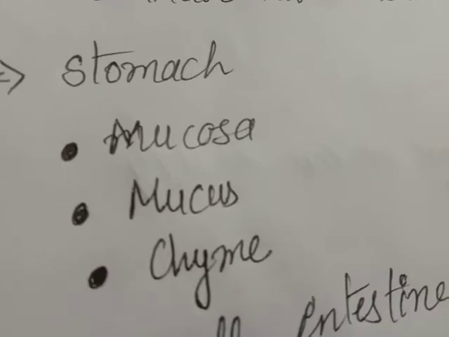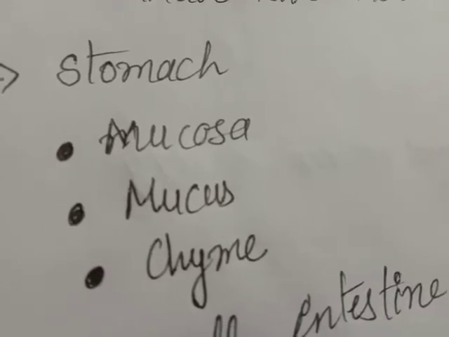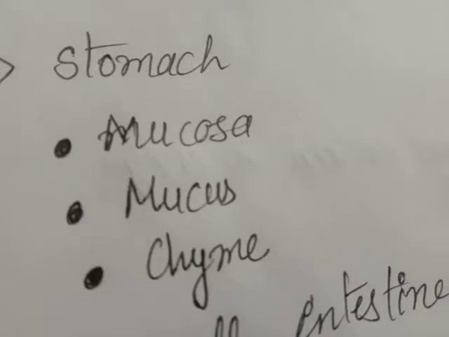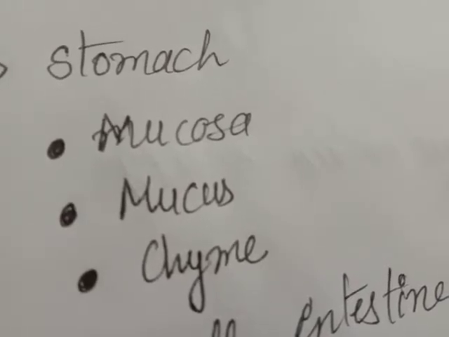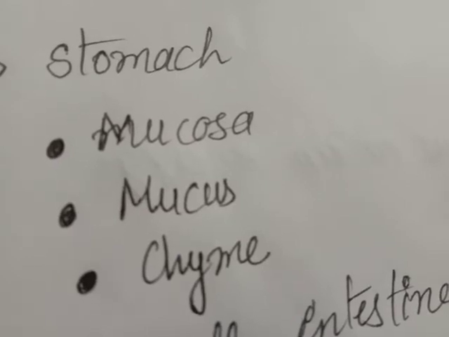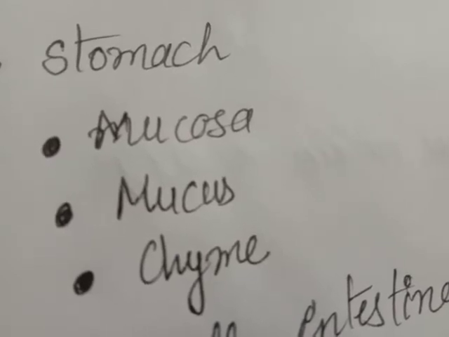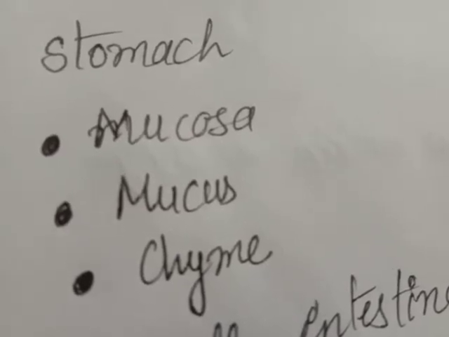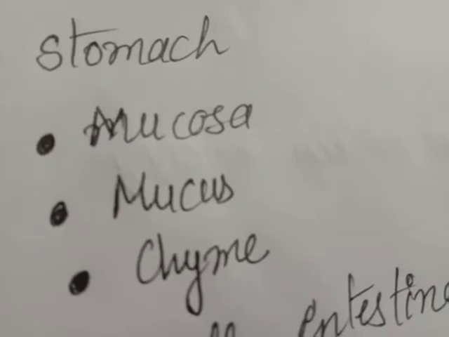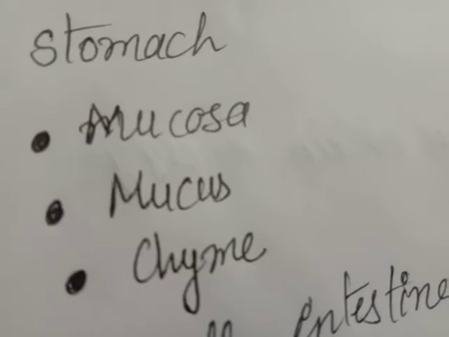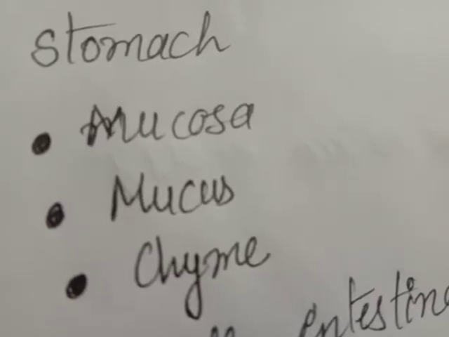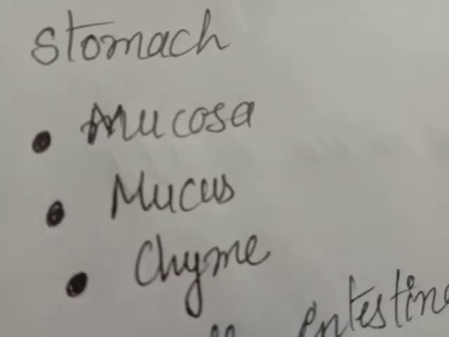The glands present in the inner wall of the stomach secrete gastric juice. This juice contains hydrochloric acid and pepsin. The hydrochloric acid acidifies food. If food has many microorganisms, hydrochloric acid kills them.